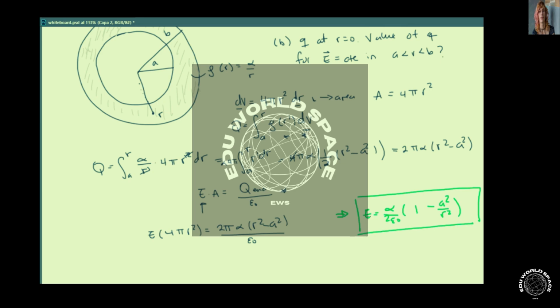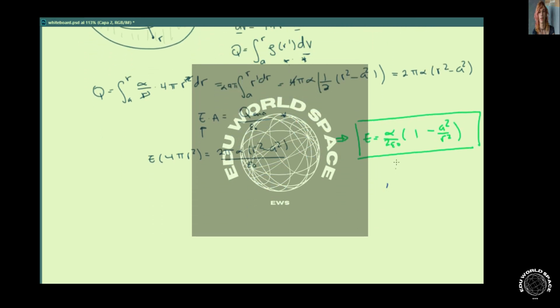Now, we want to find, if we place a point charge here at the center of the sphere, the value and sign of this charge for the electric field to be constant. I already know this is the electric field.